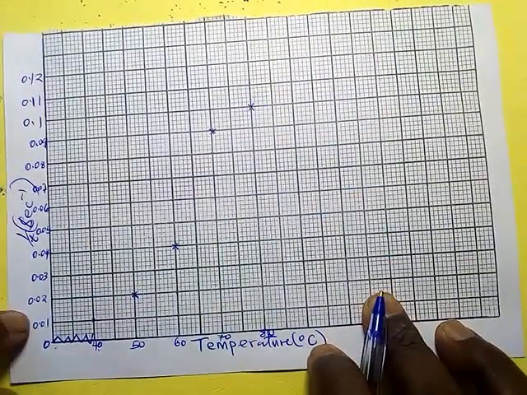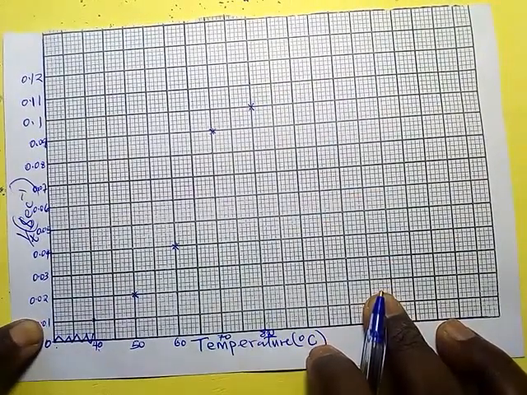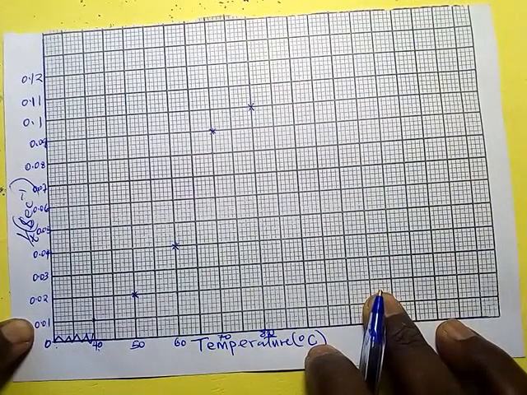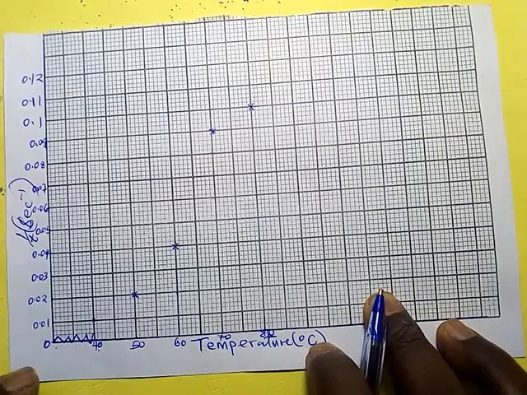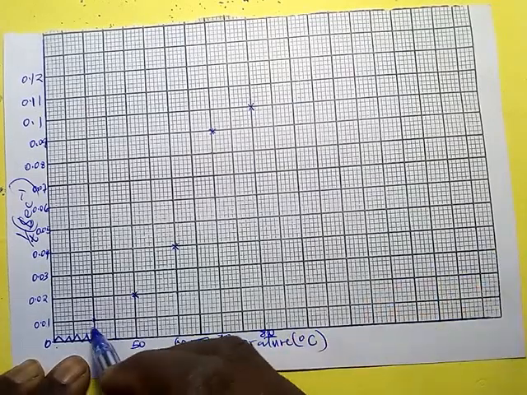So it is also important to remember the appearance of the graph when you are dealing with rate of reactions, because when you are dealing with energy changes, the graphs are different. You should know where you expect a curve, where you expect a straight line. That's something which you must know. So here we are expecting a curve.